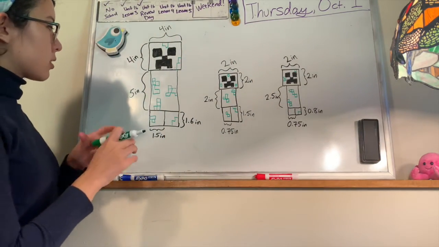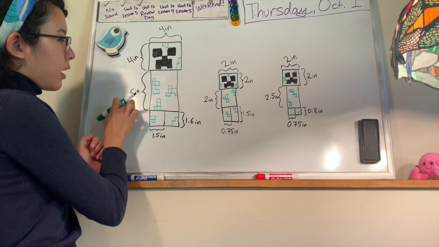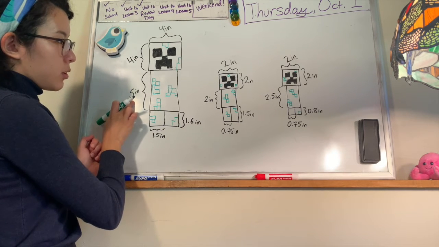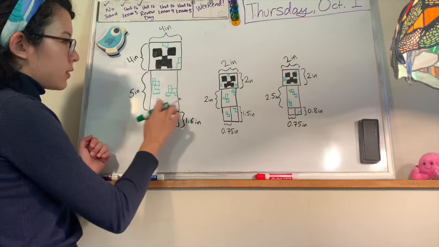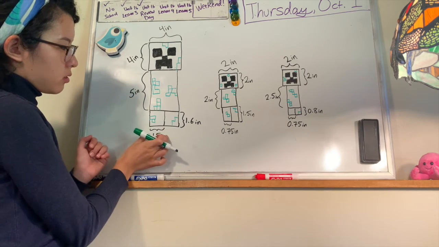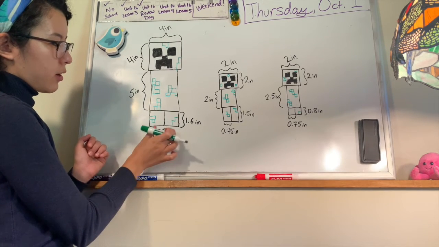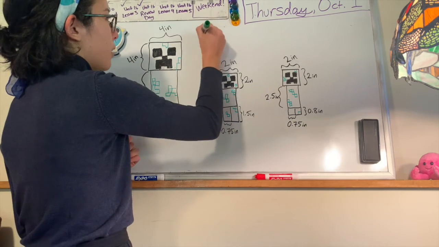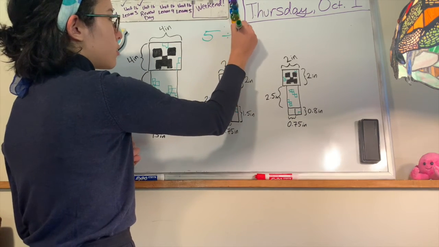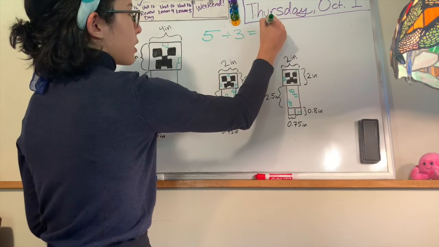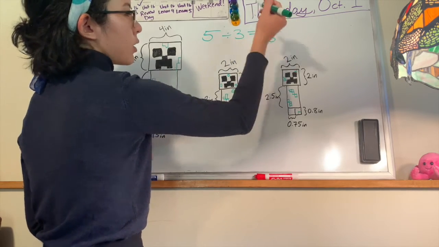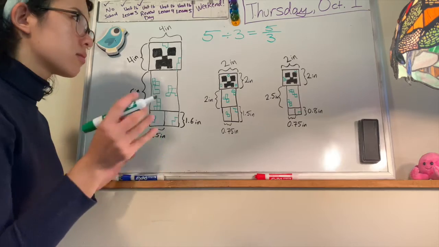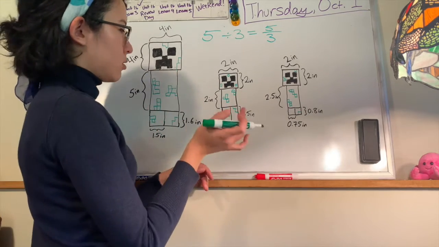Looking at this first guy, he's got a 5-inch torso, and then the width of his torso going this way would be the 2 feet added together, so 1.5 plus 1.5, that would be 3. So then 5 over 3. I'm just going to keep that as a fraction so I don't end up with all sorts of crazy decimals. And now let's look at the other two guys.